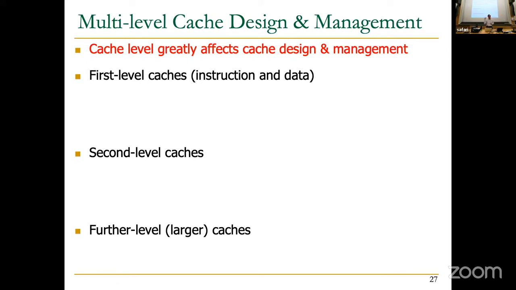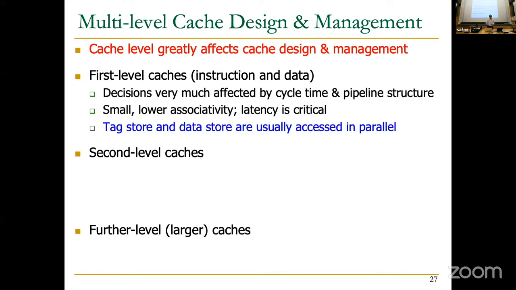Okay, so let's take a look at another example of this. First level caches, second level caches, and further level caches. We said that first level caches are partitioned into instruction and data because they're serving the pipeline immediately. In general, in the first level caches, decisions are very much affected by the cycle time and the pipeline structure itself.